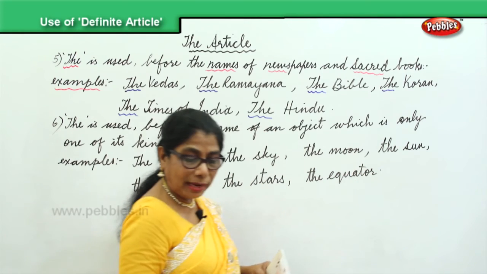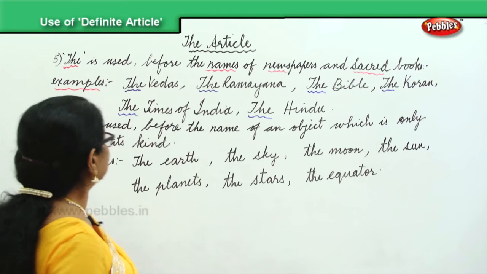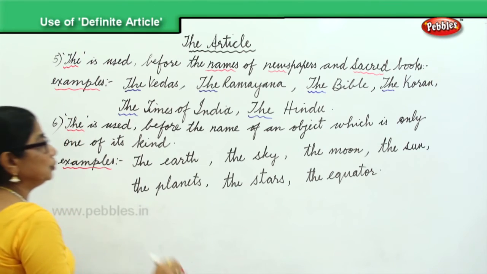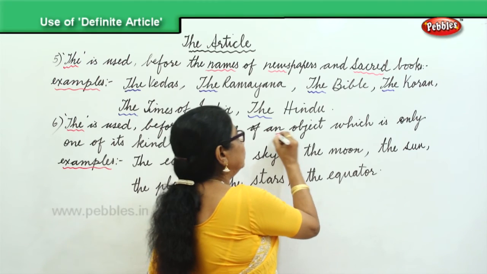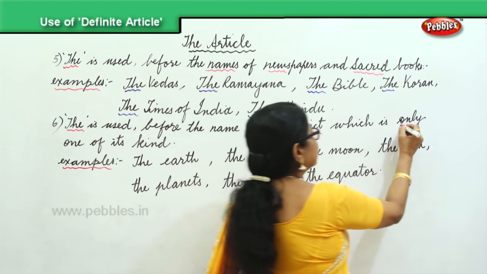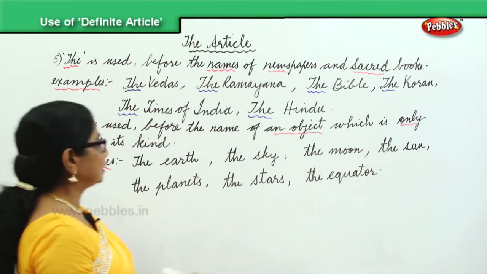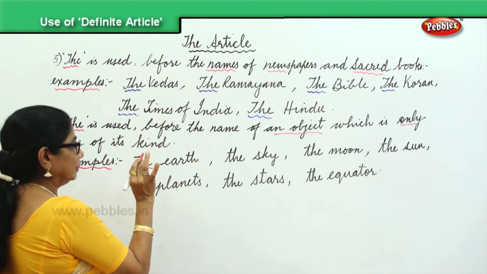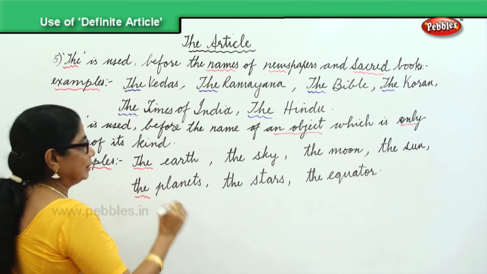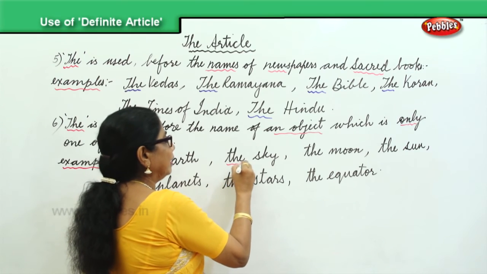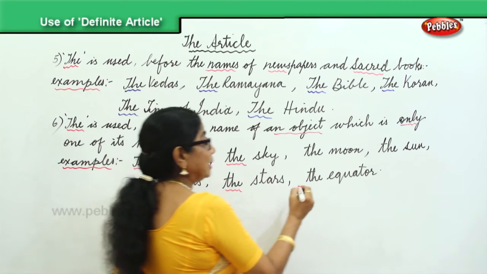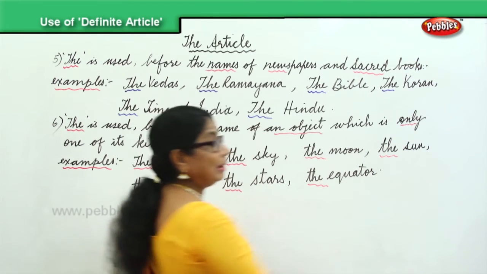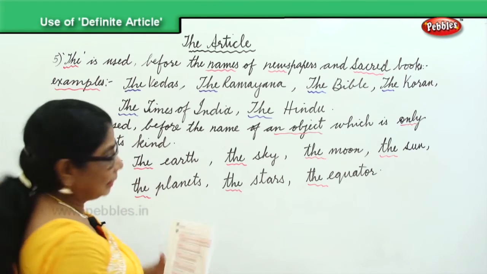Okay, so we are talking about the definite article. The definite article the is used before the name of an object which is only one of its kind. So we say the earth, the planet, the sky, the stars, the equator, the moon, and the sun. That's it.